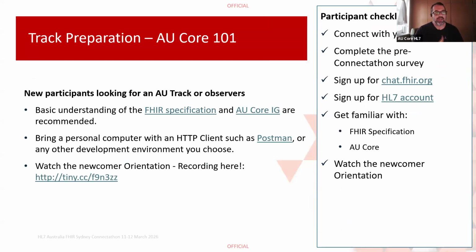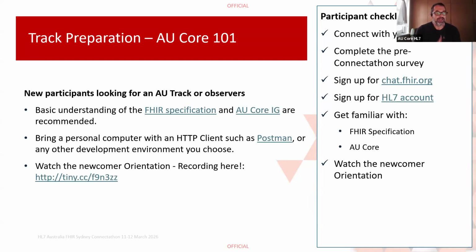So for any new participants, some background in the FHIR specification and the AU Core IG link there are super helpful, because obviously that's what we're mainly talking about. So in AU Core 101 sessions, some familiarity is good, but if you bring something to play with, that is really what Connectathons are about.